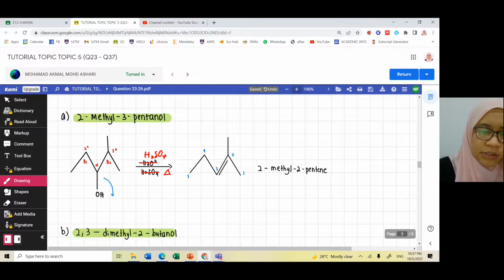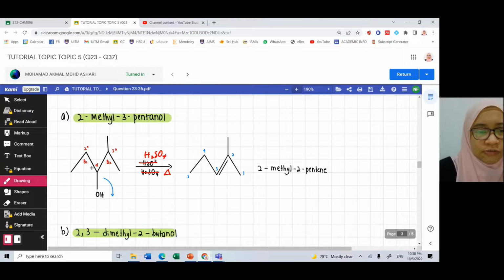As you can see, the OH will definitely be removed. Not only that, the hydrogen attached to the adjacent carbon, next to this carbon, will also be removed.